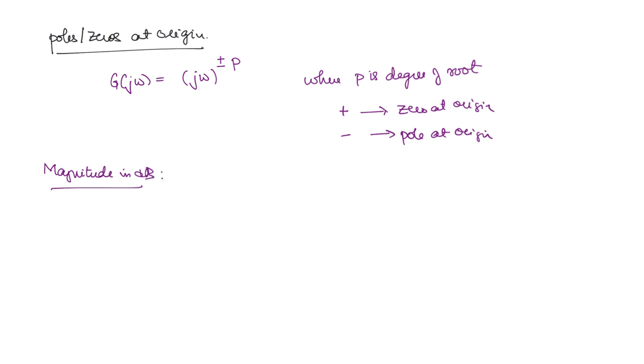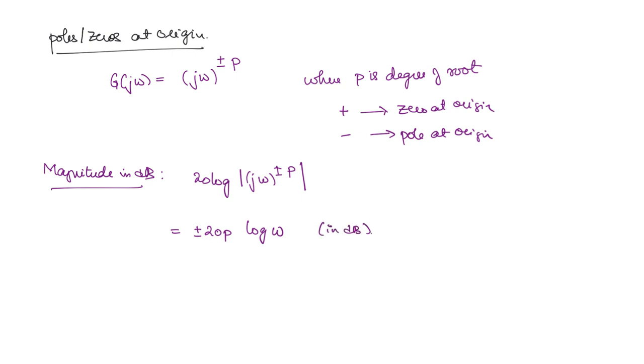Now what is the magnitude in dB? This is going to be 20 log of the modulus of (jω) to the power plus or minus p. You can take p outside, so plus or minus 20p log ω. This is in dB.